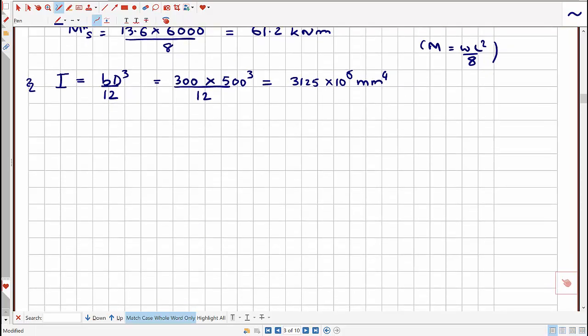So now we have all the parameters to find our effective moment of inertia. We know from clause 8.5.3.1 we can find the effective moment of inertia.